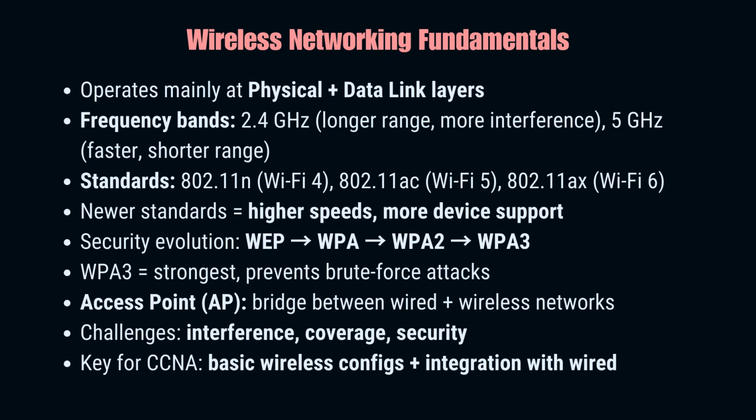Wireless networking operates primarily at physical and data link layers while supporting all upper layer protocols. Physical layer wireless uses radio frequency transmission in 2.4 GHz and 5 GHz bands, with 2.4 GHz providing longer range but slower speeds and more interference, while 5 GHz offers faster speeds with shorter range and less congestion.